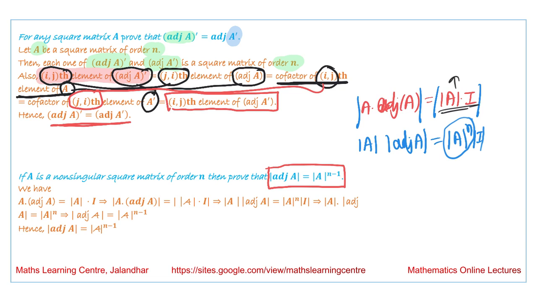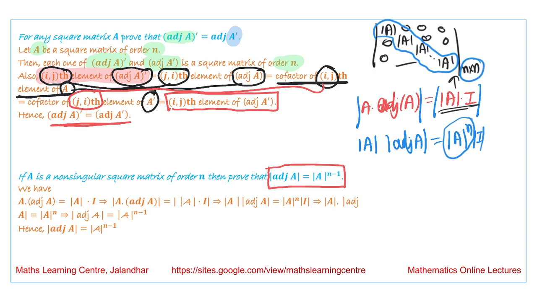Look at this term: it is basically determinant of A, determinant of A, and so on up to determinant of A, in an n cross n matrix, and all other entries are 0. So when we calculate the determinant of this matrix, there are total n elements of determinant of A, so we get determinant of A raised to the power n.